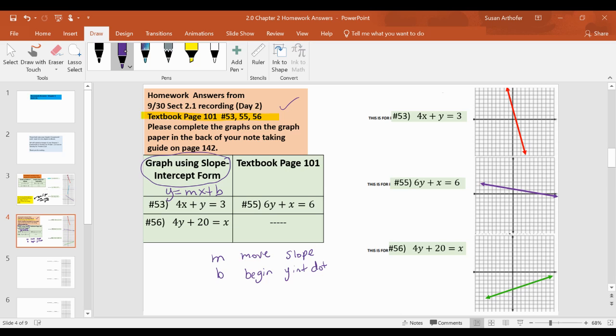So the first thing you have to do is solve this one for y. We need to pop the 4x over, so you should subtract 4x from both sides. That would leave you with negative 4x plus 3.